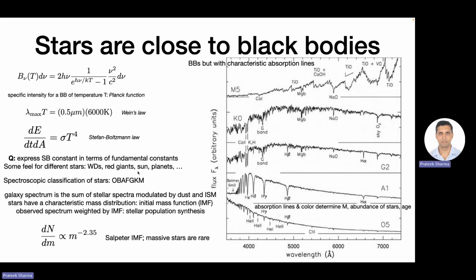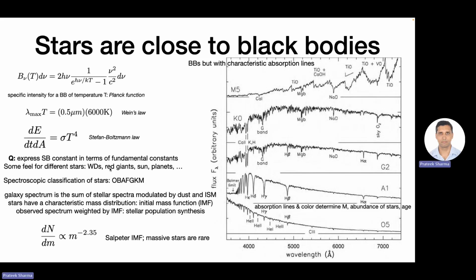It's a good idea to have a feel for what color these different objects are, like white dwarfs. Are white dwarfs cooler or hotter than the sun? Who thinks cooler? Raise your hand. Cooler? No one. Okay, good. Yes, white dwarfs are hotter than the sun normally, and red giants are cooler.